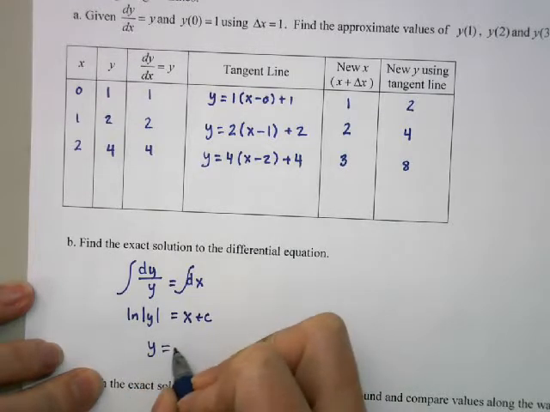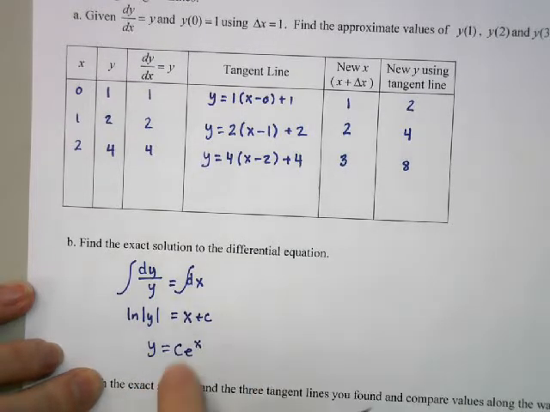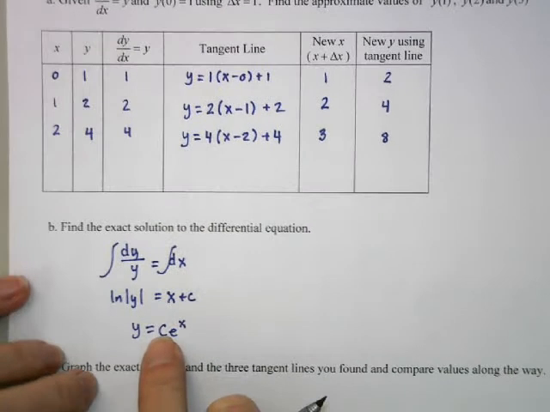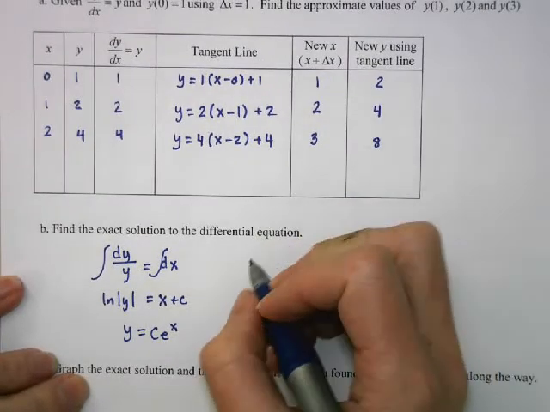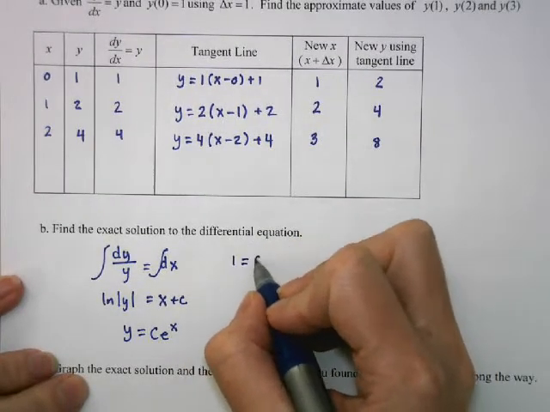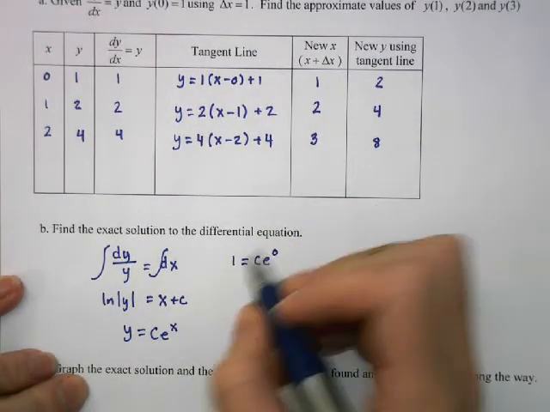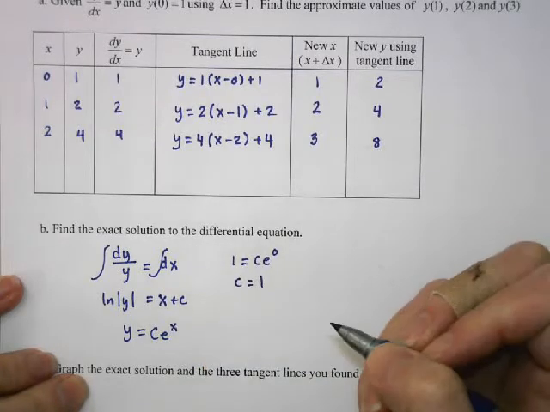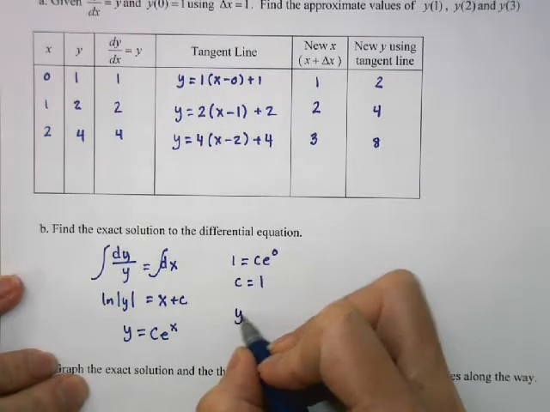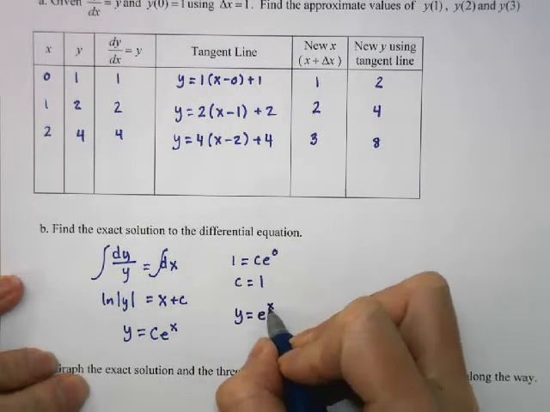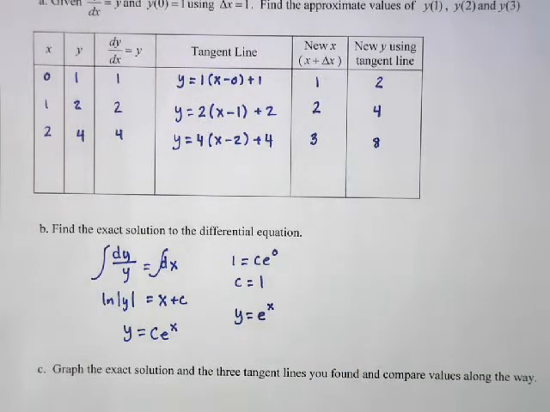So y is c e to the x. We have an initial condition here to solve for the c. So we know that 1 is equal to c e to the 0. So my c value is 1. So this equation is really y equals e to the x.